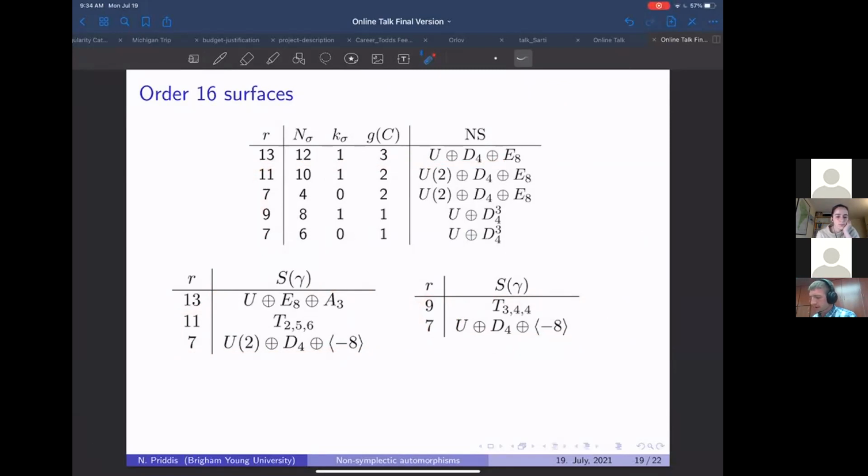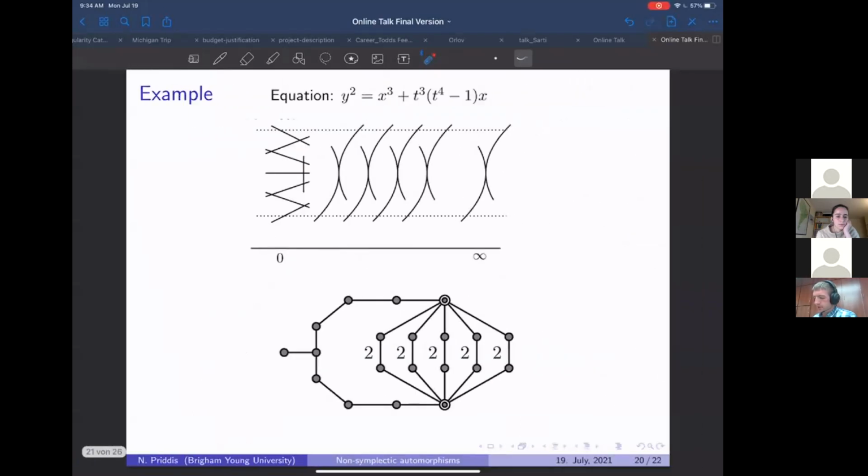It's particularly nice. I'm just going to show you on this second one that I described to you. Again, here's the equation. It had this kind of fiber over 0, and this kind of fiber over infinity, and these 4 other singular fibers.